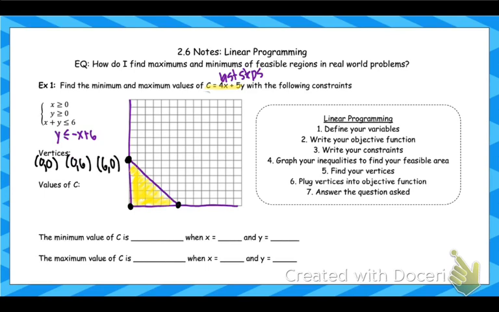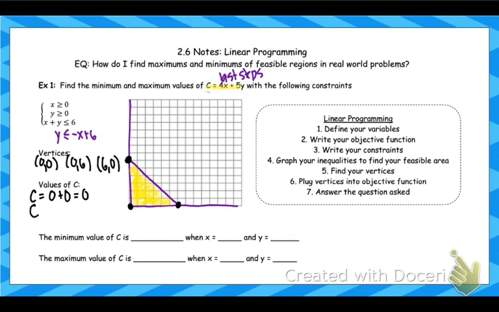Using those vertices, I'm going to plug them into this objective function to come up with the possible maximum and minimum values. So I'll take that 4x plus 5y and plug in (0, 0). Well, 4 times 0 is 0, 5 times 0 is 0, that gives me 0.